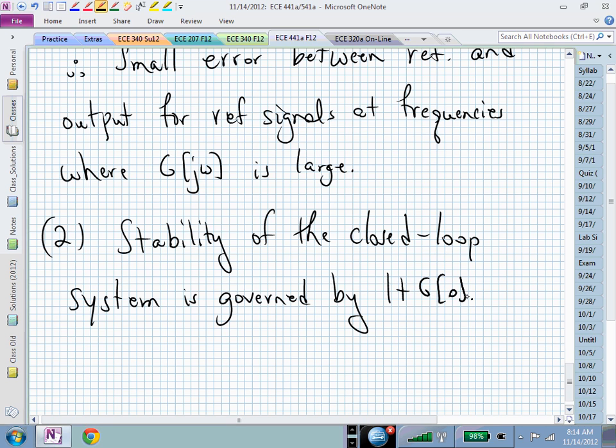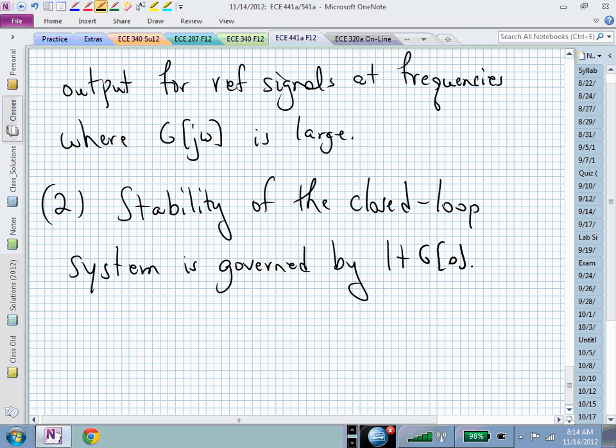And now we have access to the frequency response, G of j omega. And what we'll be doing then is looking at 1 plus G of j omega.